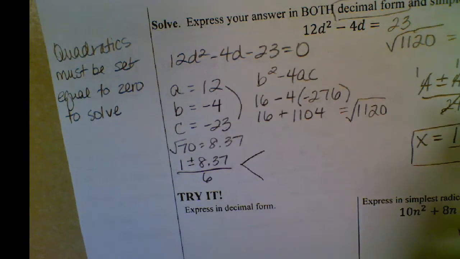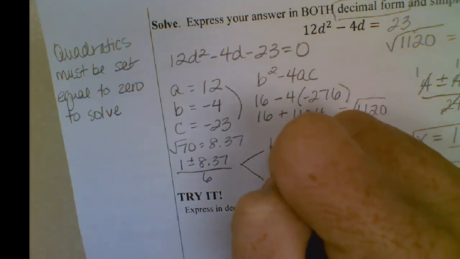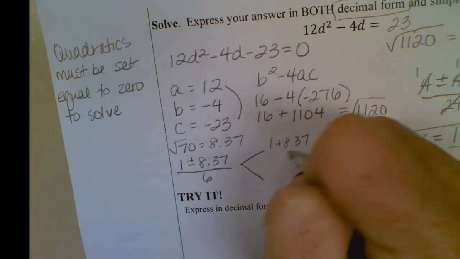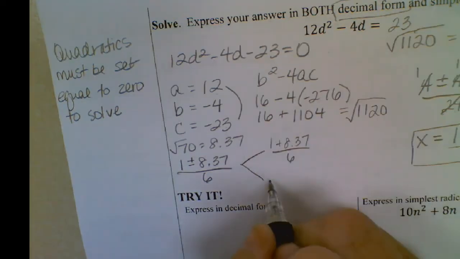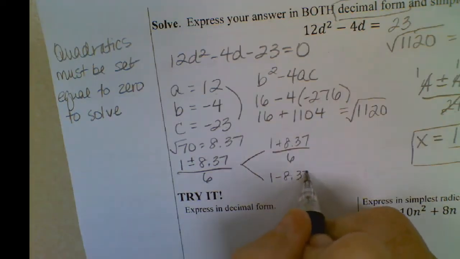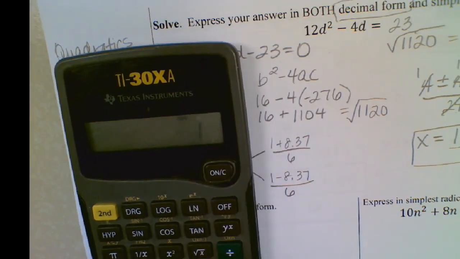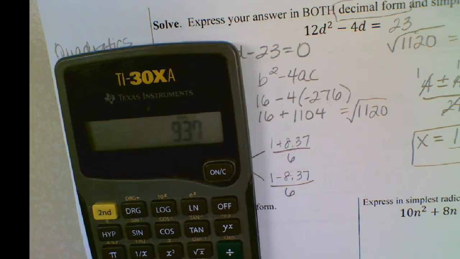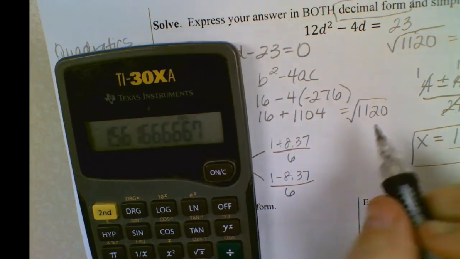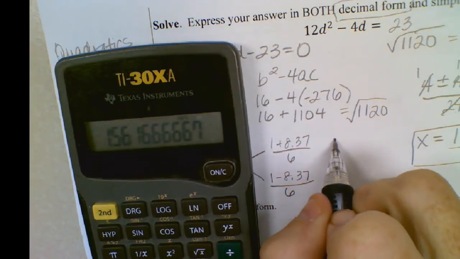So again, we can split that into two equations. And we get 1 plus 8.37 over 6 and 1 minus 8.37 over 6. Let's use the calculator. So 1 plus 8.37 divided by 6 gives us 1.56.